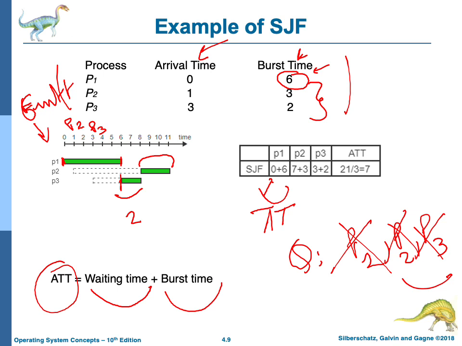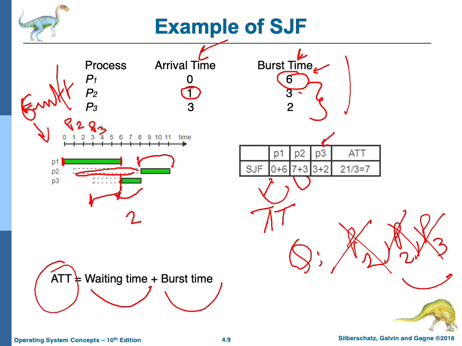For P2, it arrived at time 1, but started executing at time 8. So it had waited for 7 milliseconds, right? Plus the burst time of 3. This is the turnaround time of P2. And then we do the same for P3, right? So P3 arrived at time 3 and started executing at time 6.